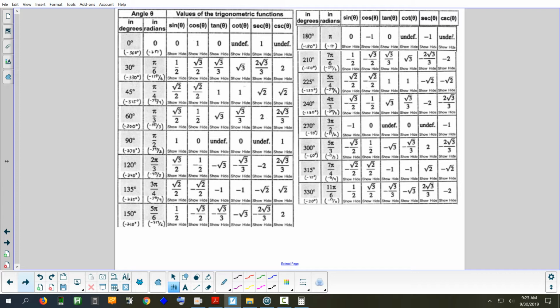Okay. So inverse cosine of 0. I don't think they know what that one's going to come out to. 90. Yep. Right there. Does 0 come up again in the cosine? Yes.